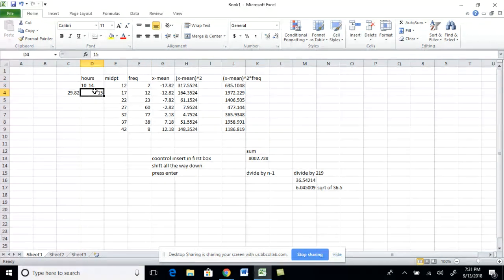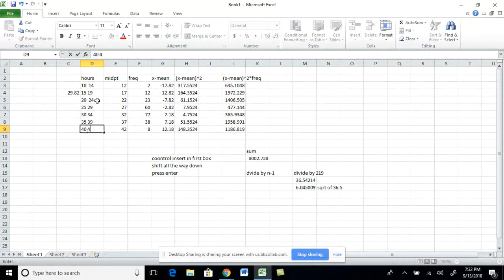The next one is 15 through 19, 20 through 24, 25 through 29, 30 through 34, 35 through 39, and 40 through 44.